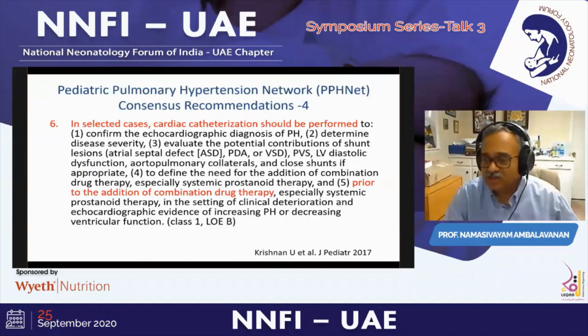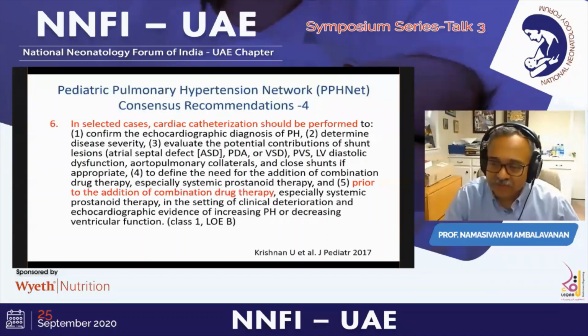Especially because if the infant has, say, pulmonary vein stenosis, what would happen if you start that infant on nitric oxide? So nitric oxide is a pulmonary vasodilator. If you increase your pulmonary blood flow in the setting of pulmonary vein stenosis, you would cause more pulmonary edema in the infant. So you would actually make the infant sicker. Or suppose the infant has left ventricular dysfunction.